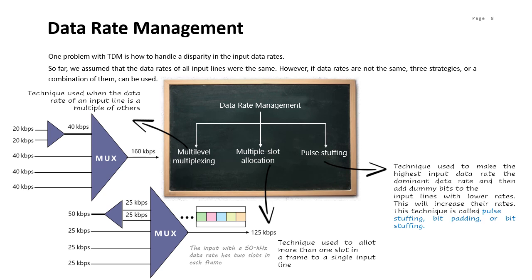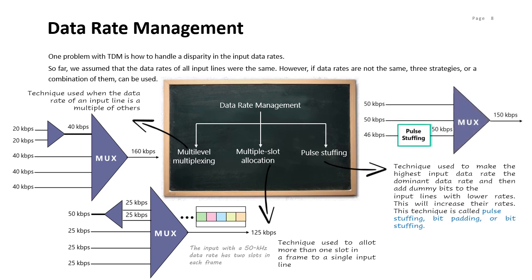This technique is called pulse stuffing, or sometimes bit padding or bit stuffing. This is shown in the figure on the right. The input with a data rate of 46 is pulse stuffed to increase the rate to 50 kilobit per second. Now multiplexing can take place. Basically, the slowest speed link will be brought up to the speed of the other links by bit insertion.